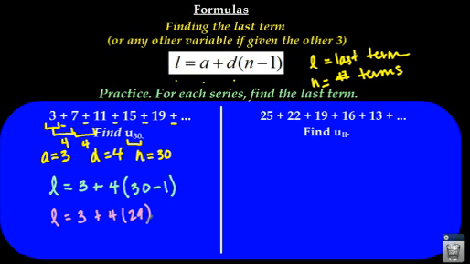Do not be tempted to add 3 and 4 together. That's incorrect by order of operations. So we end up with 3 plus 4 times 29, which is 3 plus 116. So L equals 119. The value of our last term, in this case our 30th term, is 119. So we could say U sub 30 equals 119.